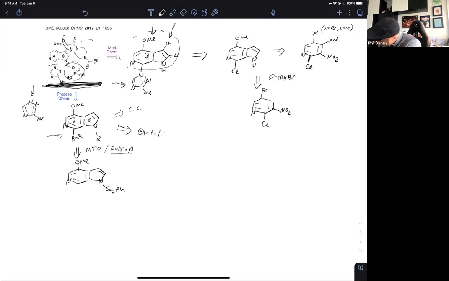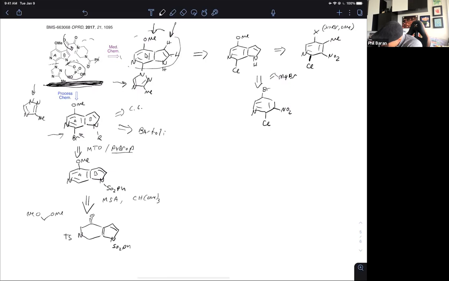Okay, now the key disconnection here, we need to start thinking like Simona again, and that is thinking about how we might annulate A starting with B. So in thinking about this, you can imagine if we bring it back, if you treat this with methanesulfonic acid and trimethyl orthoformate, that's the product you get by way of the intermediate being this compound and loss of triazole to aromatize.